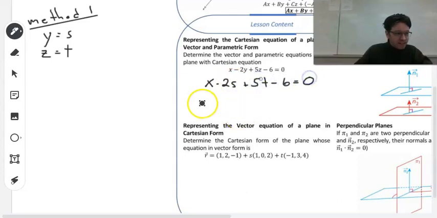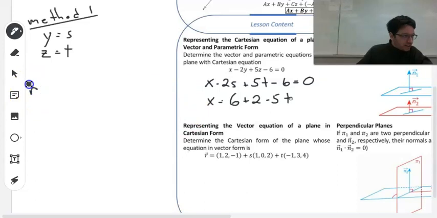So rearranging, we can solve for x, and x is just 6 plus 2s minus 5t. So there you go. There's our parametric equations for y, z, and x.